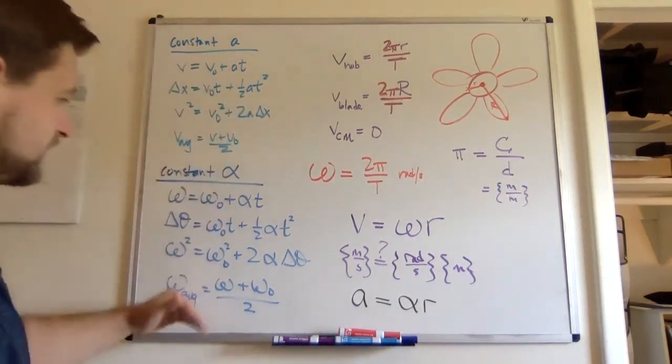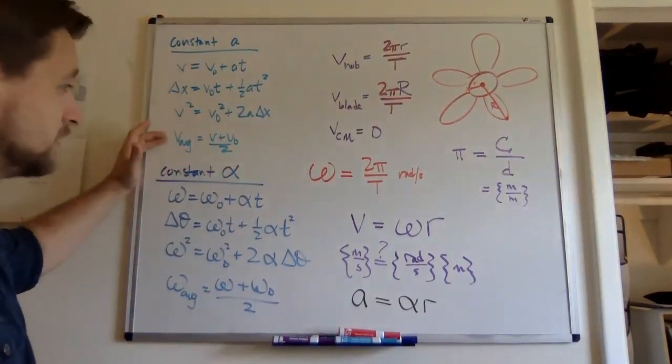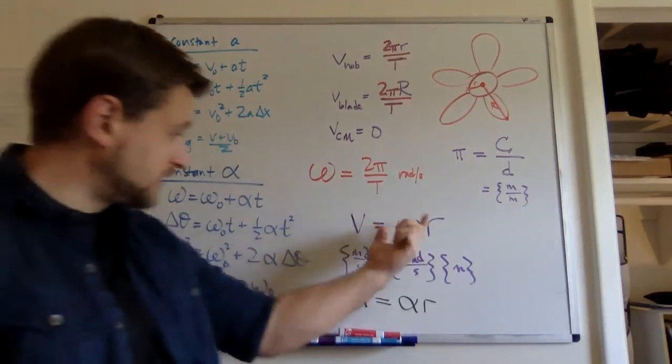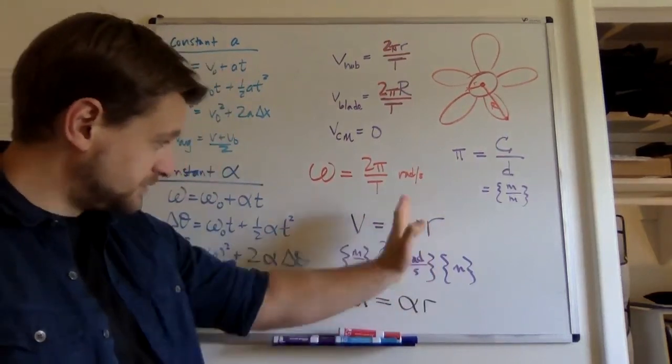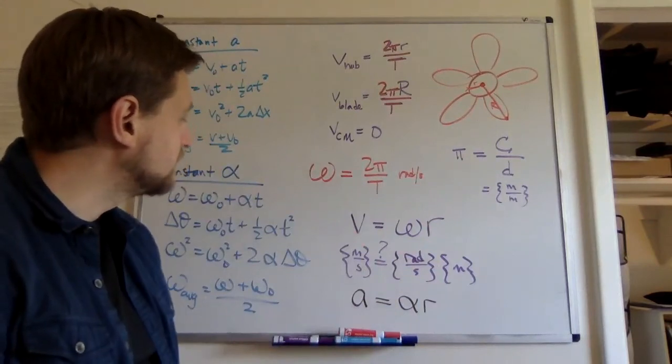So we have all of these rotational kinematic variables and all of these linear kinematic variables, and we can hop back and forth between rotational and linear. This is great.